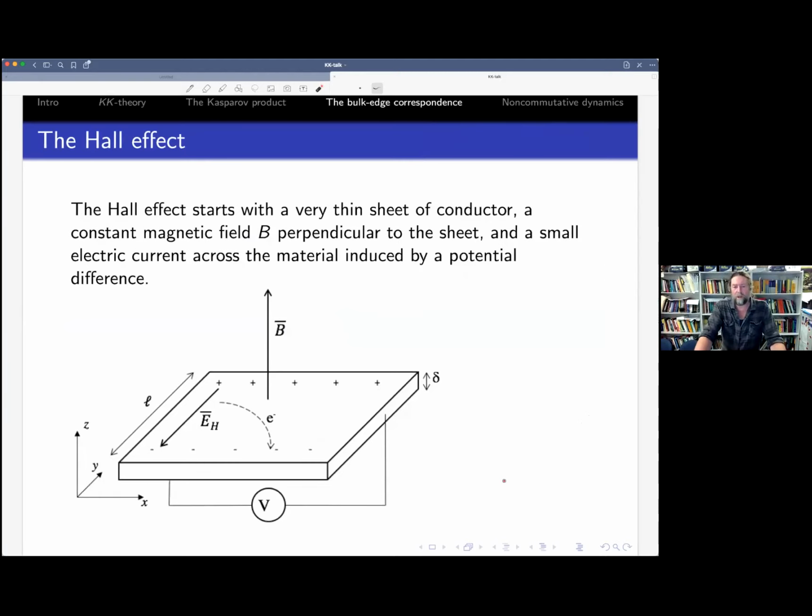So I want to talk about the bulk edge correspondence for topological insulators, but I'm just going to really talk about the Hall effect because this is a whole other subject on its own. So I start with an effectively 2D piece of conductor, put a magnetic field perpendicular to it, I put a voltage across so I get a current this way, and then the right-hand rule tells me that you get this drift current, or transverse current, or Hall current it's called, in the transverse direction.